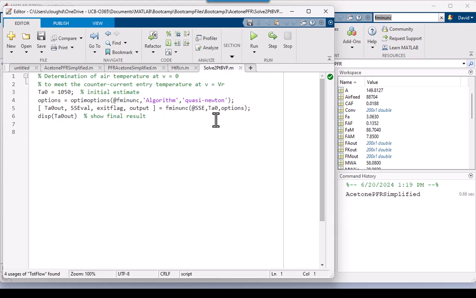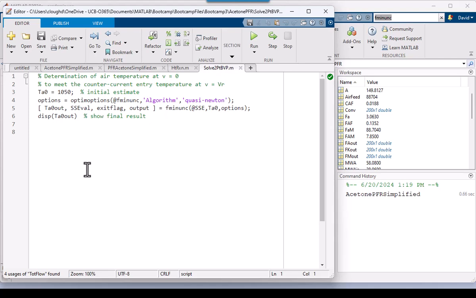So that essentially should find the right value of the TA out. And here it's using an initial estimate of 1050, which is way off. And then it ends up giving us some additional information along with that. And in this case, we just display the TA out to show the final result.